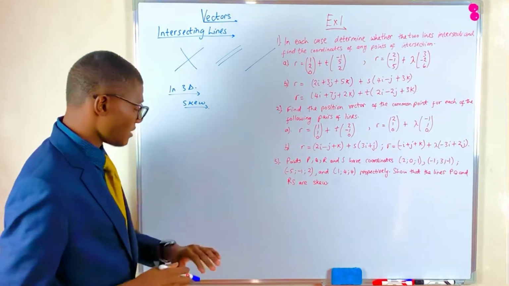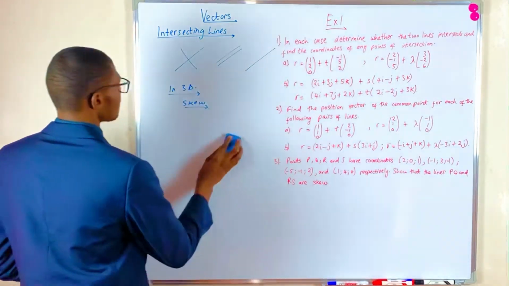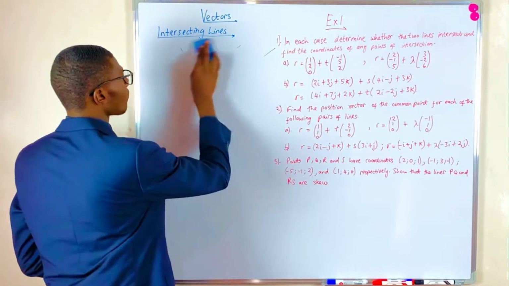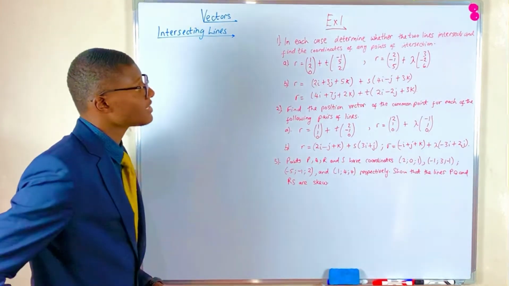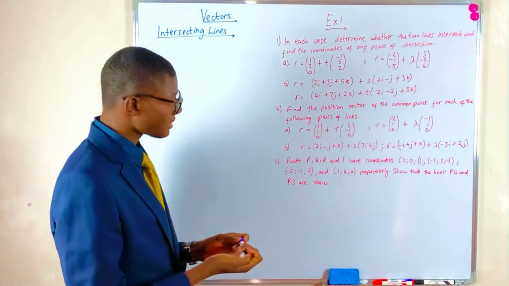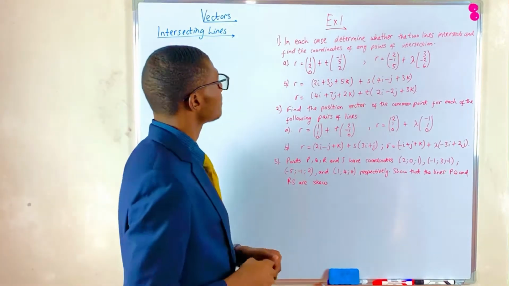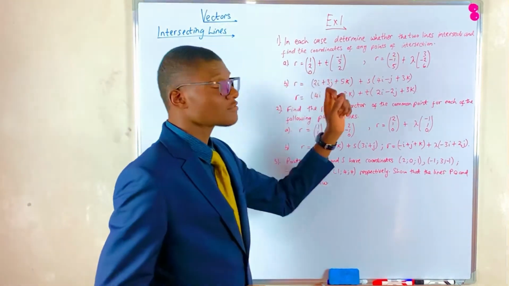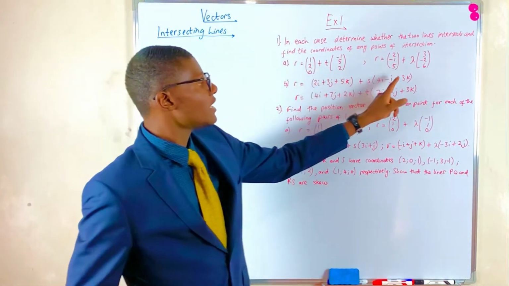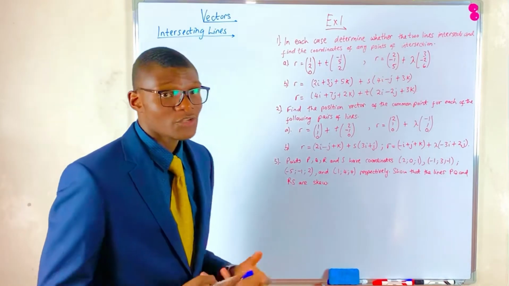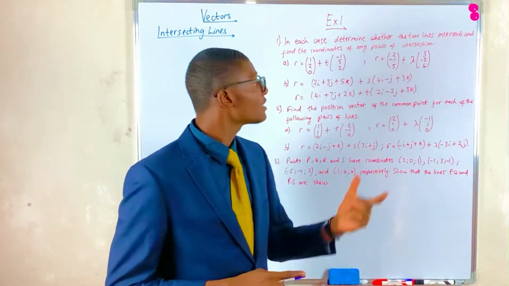Now let's attempt these questions. Shall we erase this? The first question says that in each case, determine whether the two lines intersect and find the coordinates of any points of intersection. A point of intersection means that this t and this lambda should have values such that the position vector from each equation is the same.